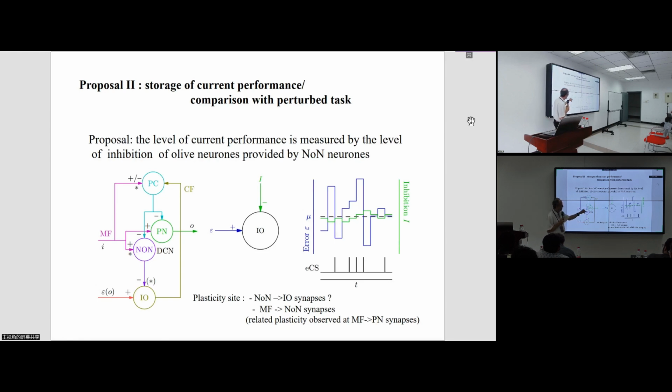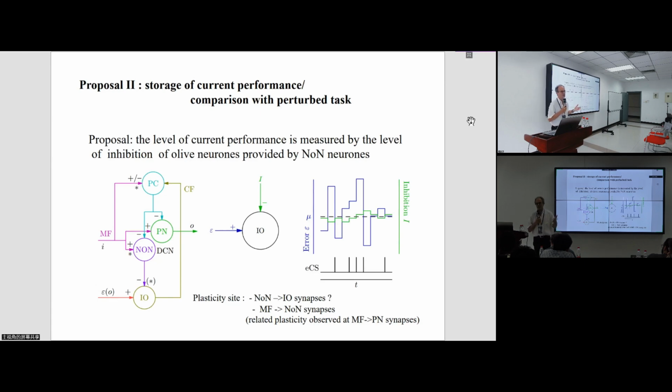So the idea is that you have some current inhibition on the olive, and if you want to have an error, it means that it should be big, the olive should fire, so the excitation should be bigger than the inhibition.